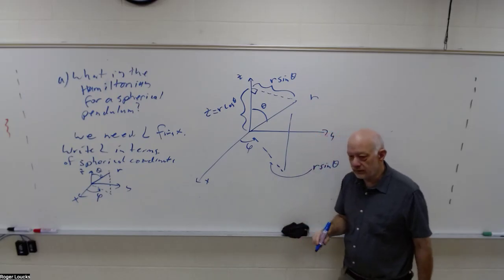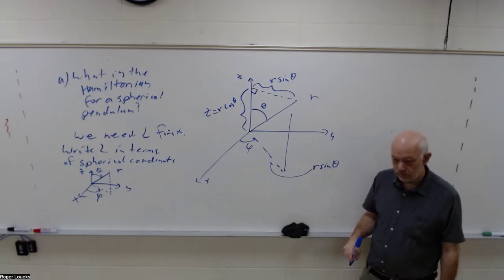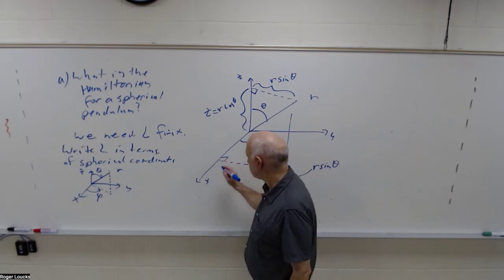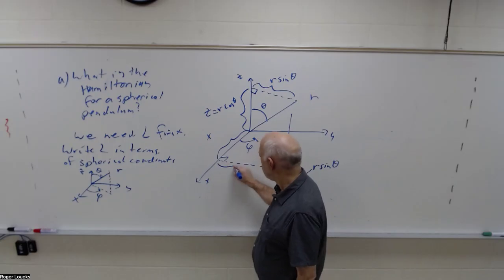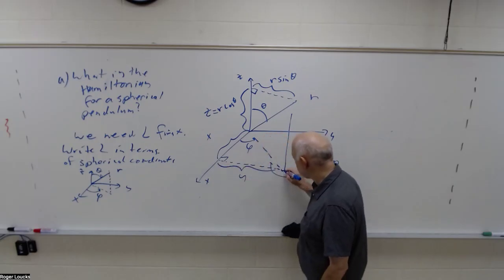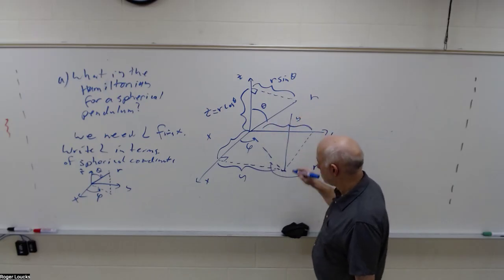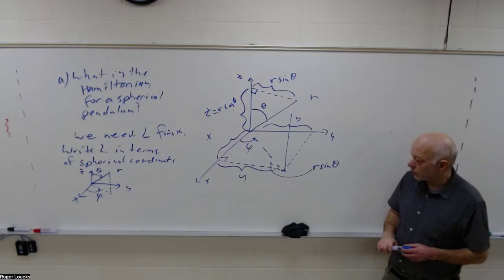How do I get my X and Y? I come here and drop a perpendicular. So this distance here is X. This distance here is Y, but Y can also go back here. Maybe this is also Y. So how do we find them?